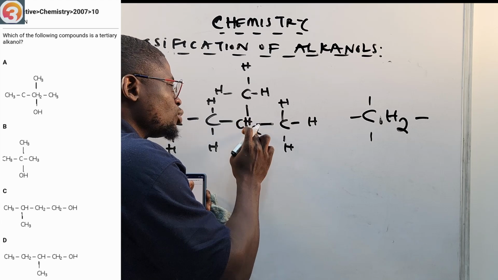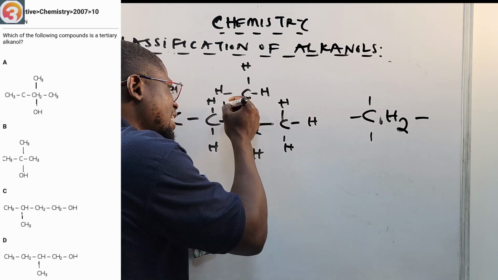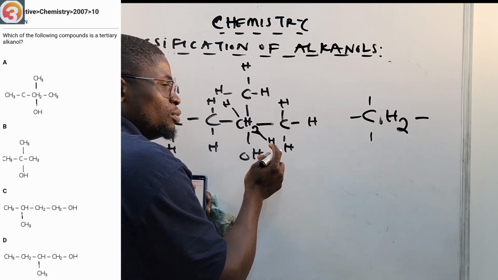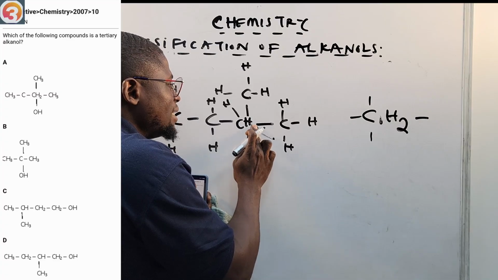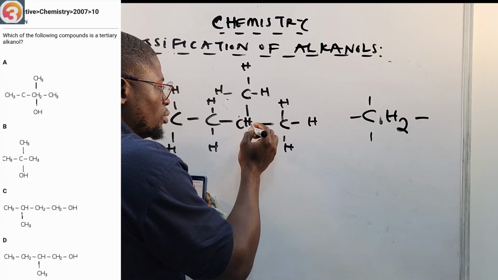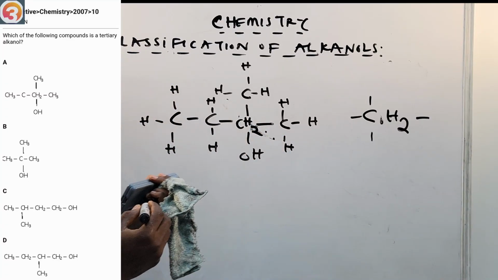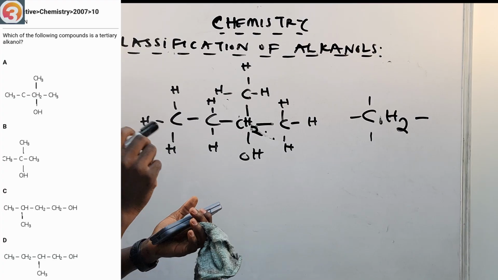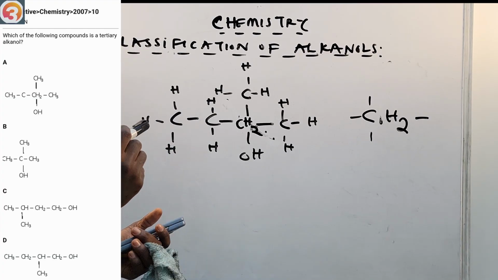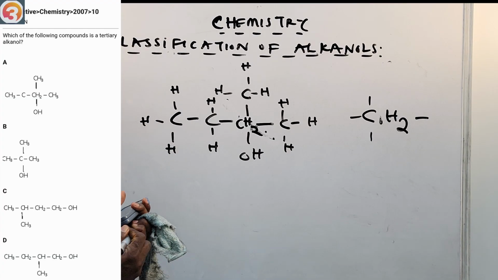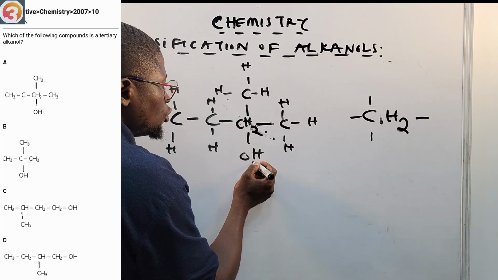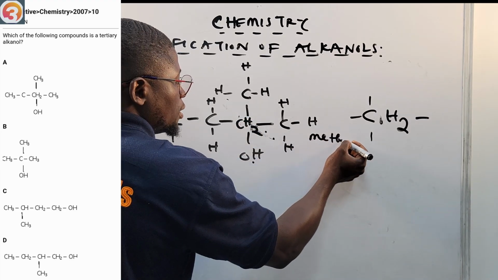So where do you want to write H here and H here too? It's not possible. That's why this option is wrong. They put it here to confuse you. Somebody will pick this option because if you look at it, this carbon is buried in the OH group and there's a methyl group here to the right.